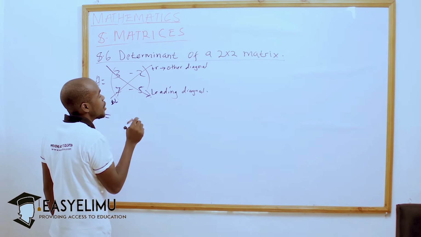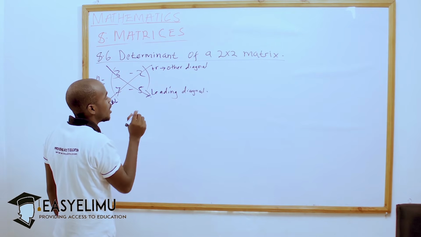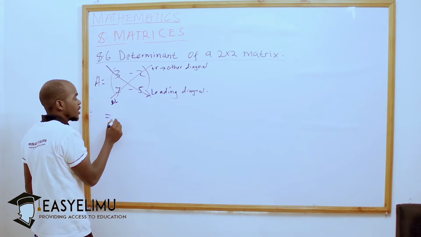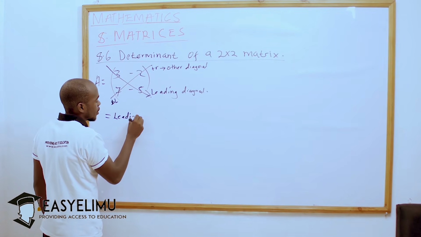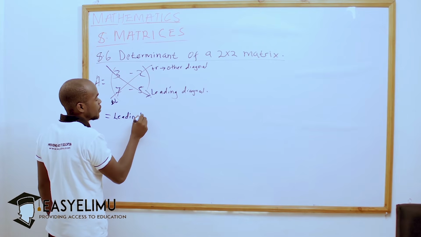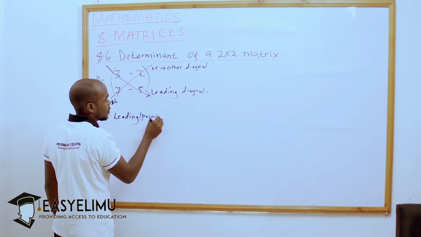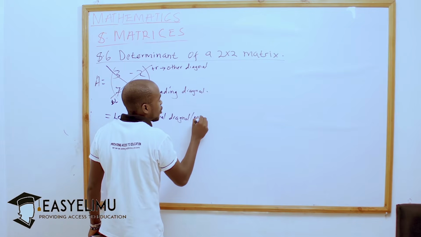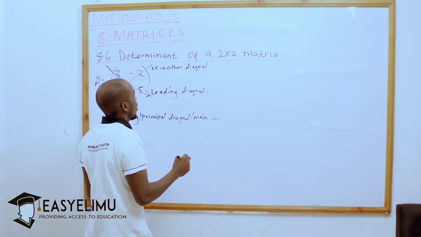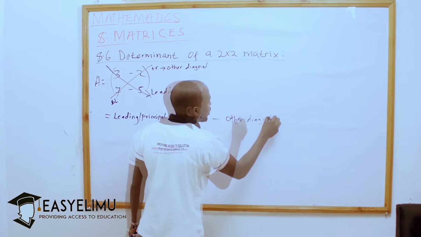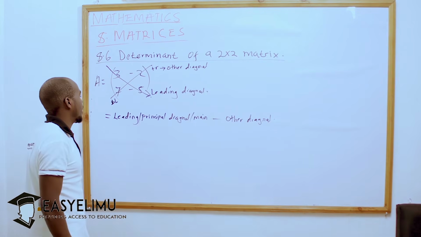It should be with respect to the leading diagonal, which is also called the principal diagonal, or you may even call it the main diagonal. We take it, then subtract the other diagonal, and we shall find our determinant.